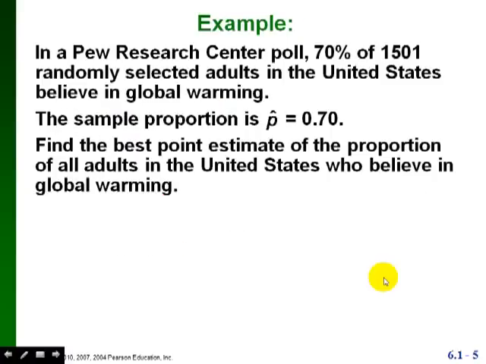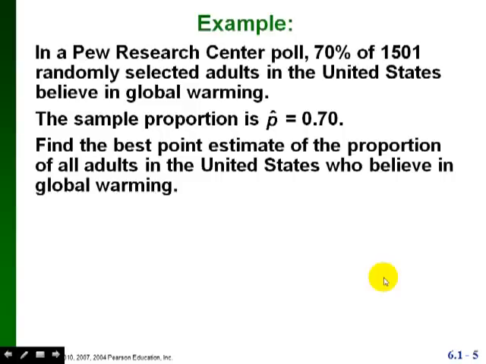Here's an example. In a poll, 70% of 1,501 randomly selected adults in the United States believe in global warming. Our sample proportion is the proportion of adults that said they believed in global warming from our poll. So that would be 70%, or in decimal form, 0.70. Now we want to find the best point estimate of our proportion of all adults in the United States who believe in global warming.